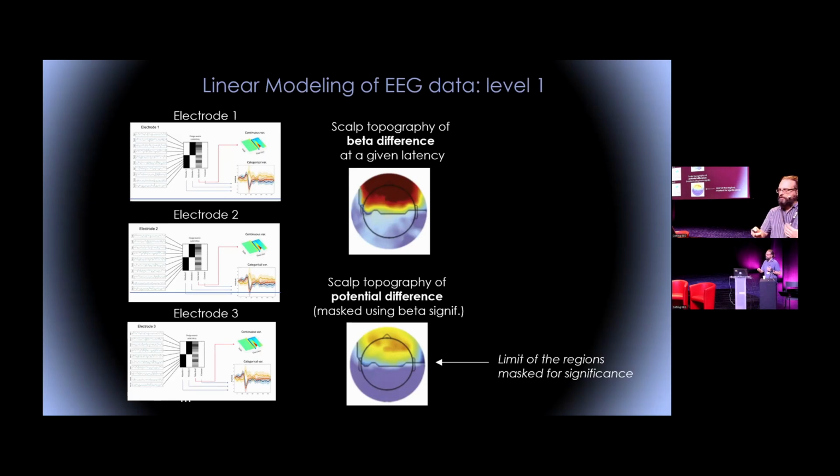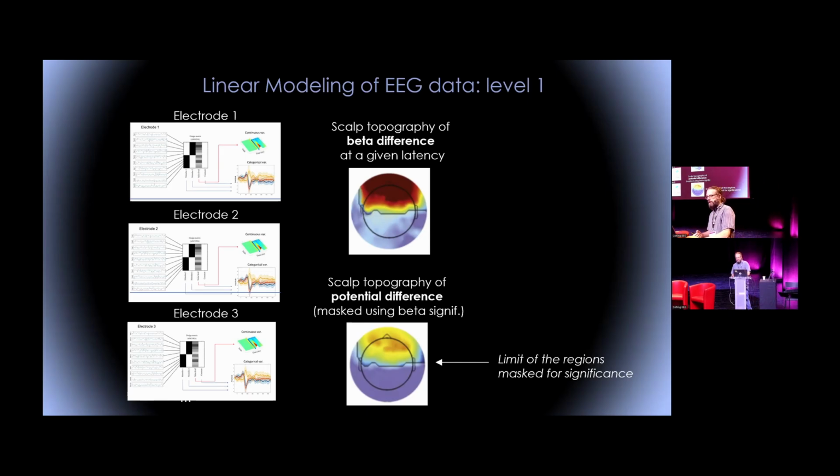But if you're used to showing the difference between the two conditions, like the difference in potential, it's fine. You can show the difference in potential and the mask. You use the mask based on the statistical inference you draw from your beta statistics. Okay, so it's the same threshold. Here we show the beta, or we show the difference between the potentials. Either is fine.